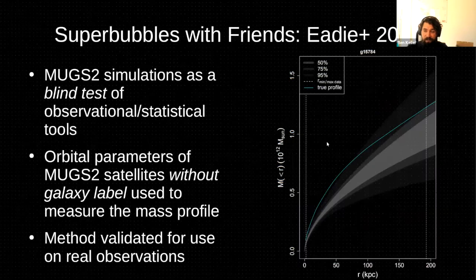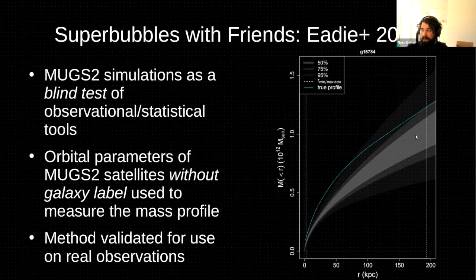One of my favorite uses of superbubble feedback was using the MUGS-2 simulations as a kind of blind test for a statistical and observational technique. This tool that was developed by Gwen Eadie is designed to use orbits of satellites and globulars to measure the mass profile of galaxies. And so she was able to take unlabeled samples of orbital parameters from satellites in the MUGS-2 sample and test whether or not she could reproduce the actual mass profiles without knowing what the right answer was.